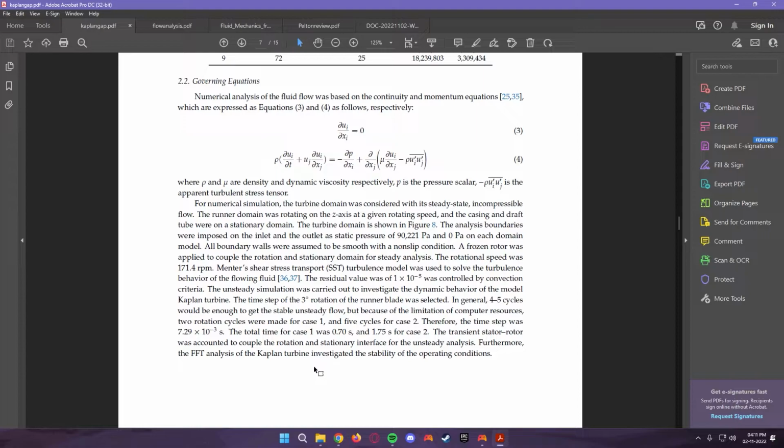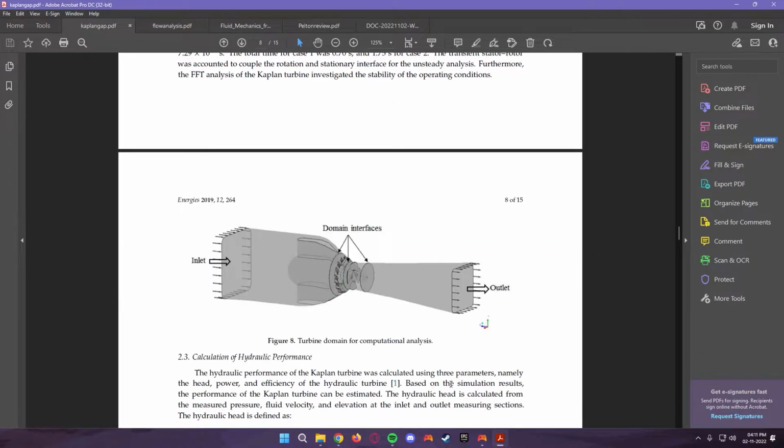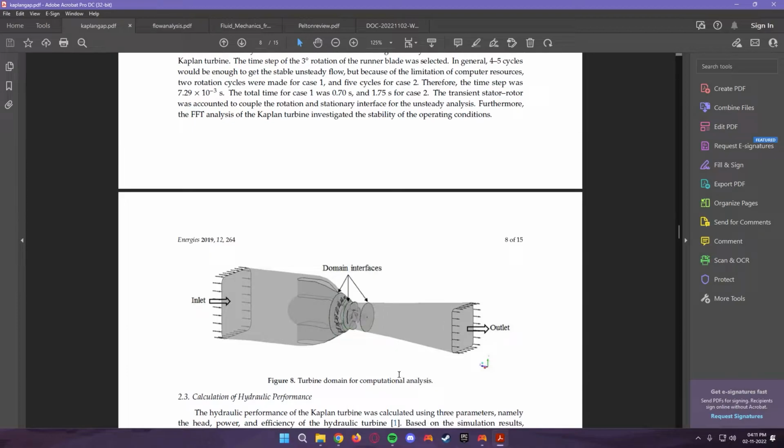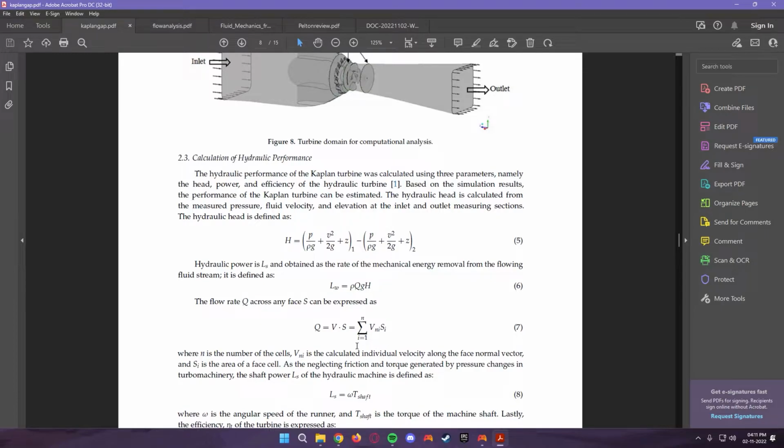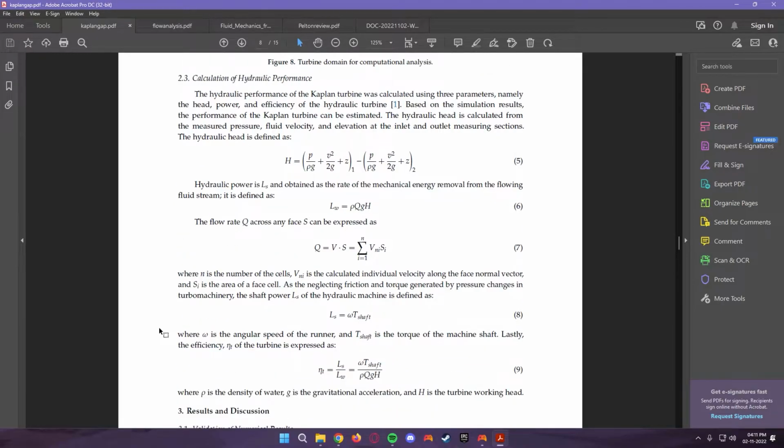Now for numerical simulation, the turbine domain was considered with steady state incompressible flow, the runner domain was rotating on the z-axis at a given speed, and the casing and draft tube were in the stationary domain. The domain which is shown in figure 8, here it is, is the turbine domain for computational analysis. Now calculations, here it is shown how they calculated.